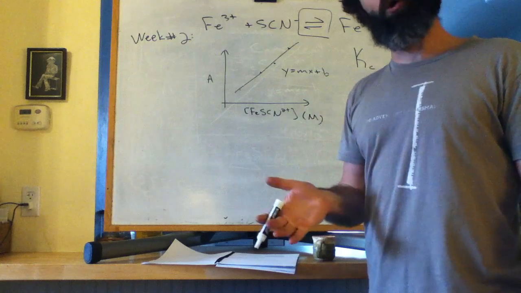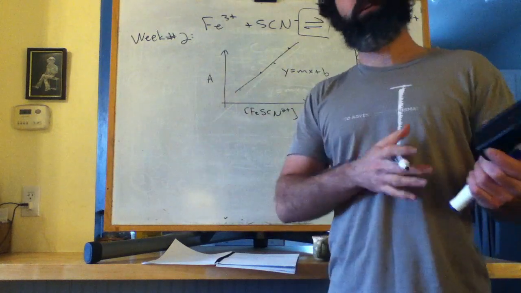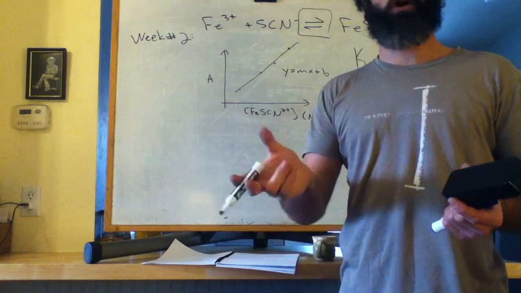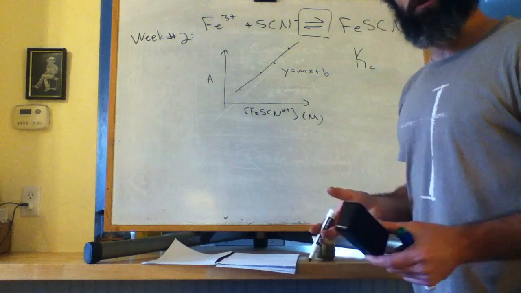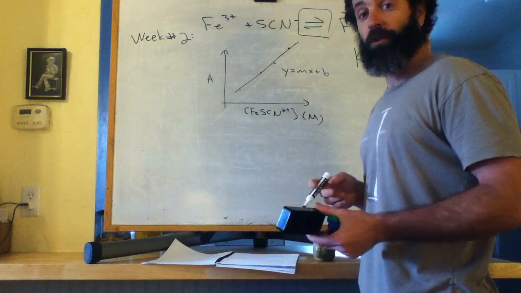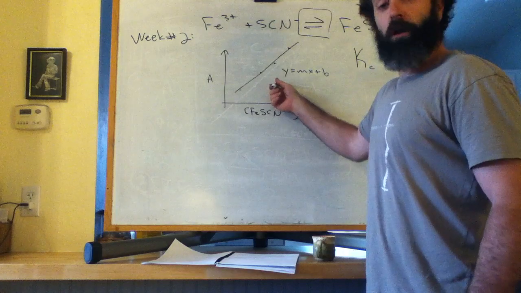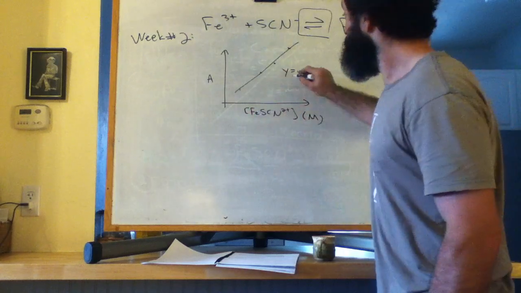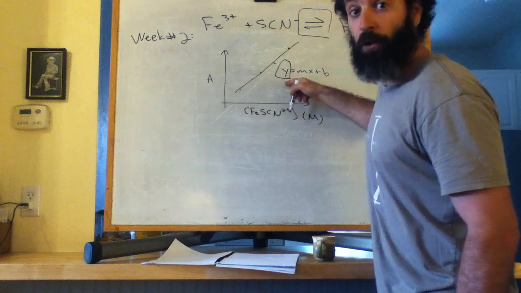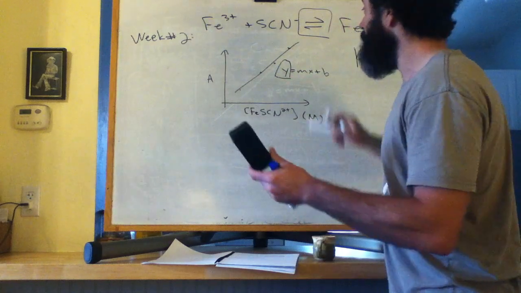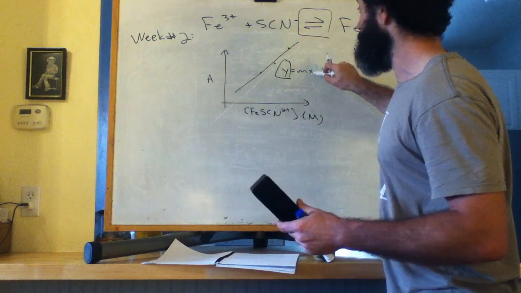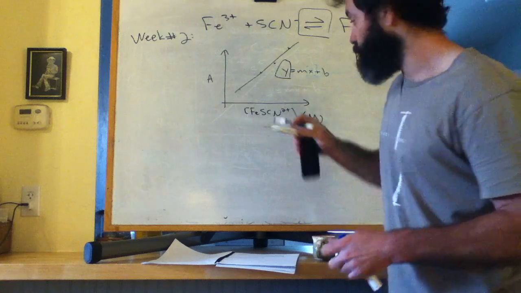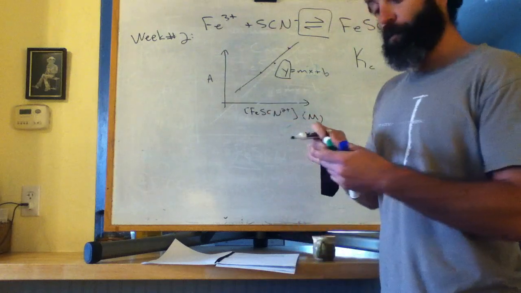Okay, so how are we going to do it? Again, we're going to mix a series of solutions in volumetric flasks. We're going to measure the absorbance values of these solutions. From our calibration curve from week 1, for each of our solutions we know an absorbance value, and we can use our equation, our calibration curve, to calculate the concentration of this product.